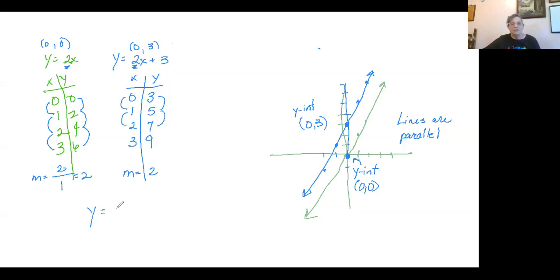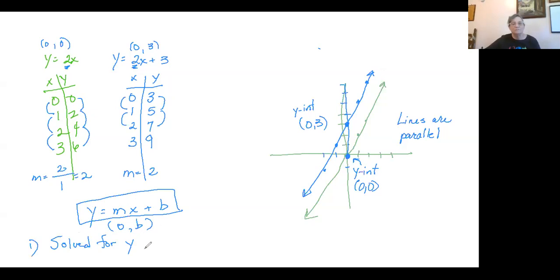If it was written in the form y equals mx plus b, and we put in 0 for x, the y value is going to be b. So in all cases where the equation is solved for y, and this is the important thing, it has to be solved for y, that's number 1.